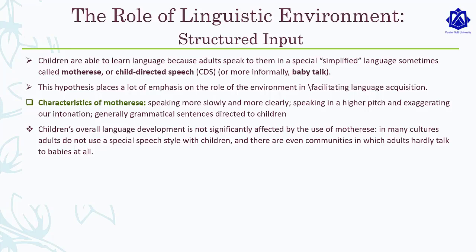And another account is that children learn the language because adults are speaking to children in a simplified, special way. And the research has shown that we have children who are brought up in families and cultures that they are not talked to, but in spite of that, they have learned the language.